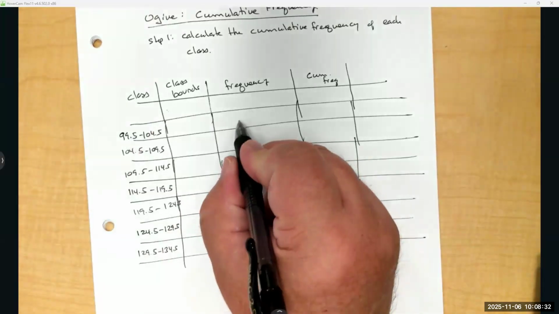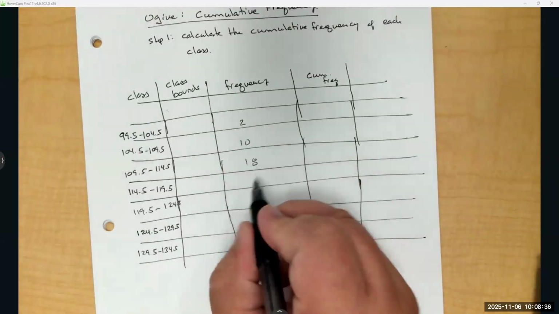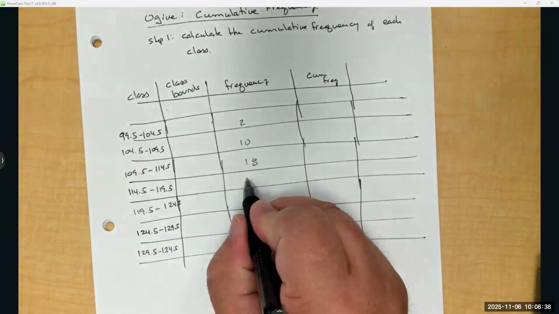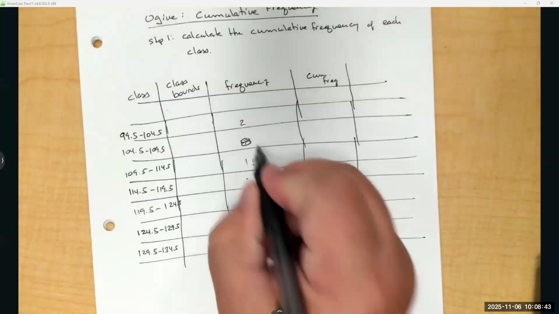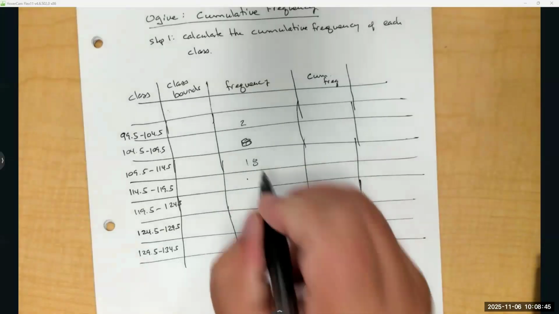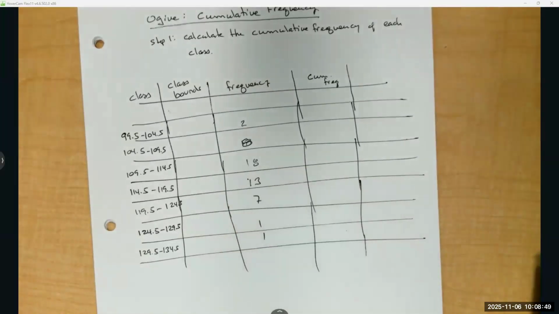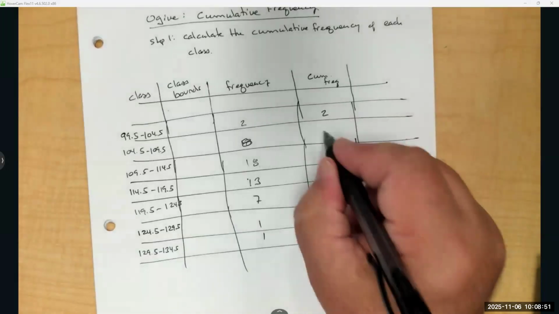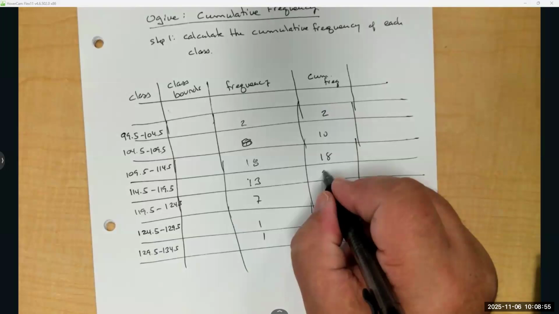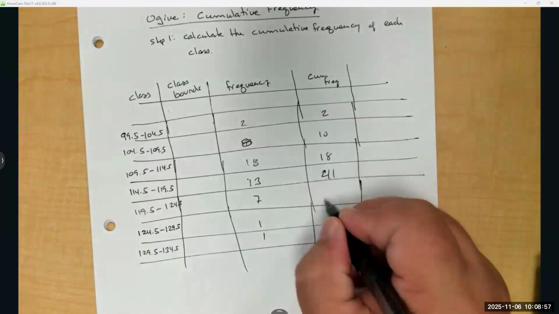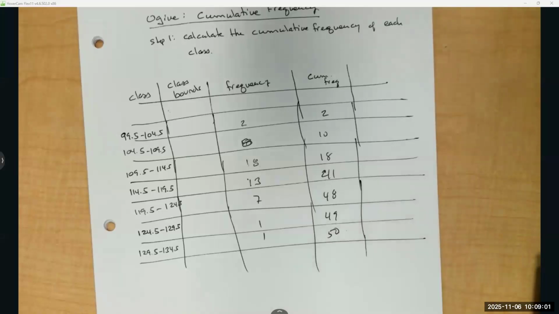And we had the frequencies of 2, 8, 18, 13, 7, 1, 1. So the cumulative frequency was 2, 10, 28, 41, 48, 49, 50.